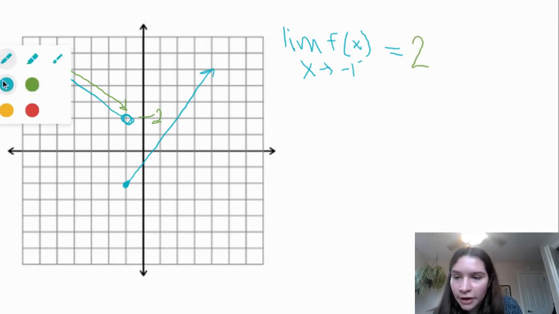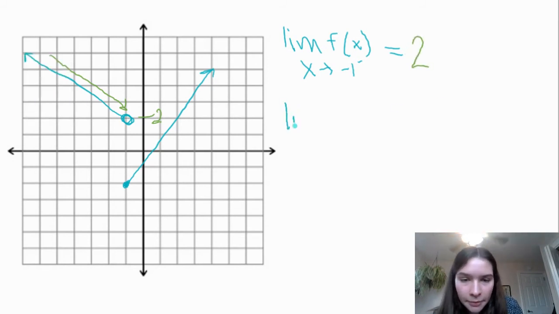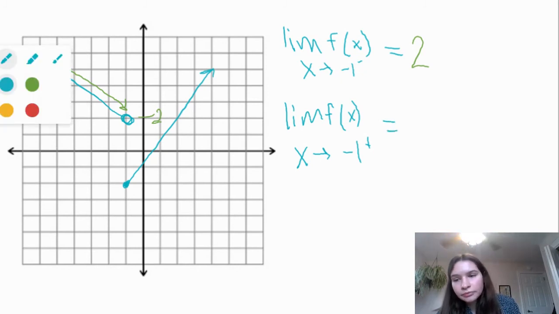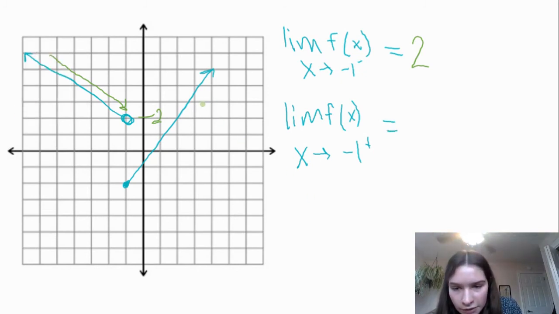Okay, now let's find the right-hand one. The limit of f of x as x approaches -1 from the right is going to equal, let's see, so it gets closer and closer to this value of -2 right here.